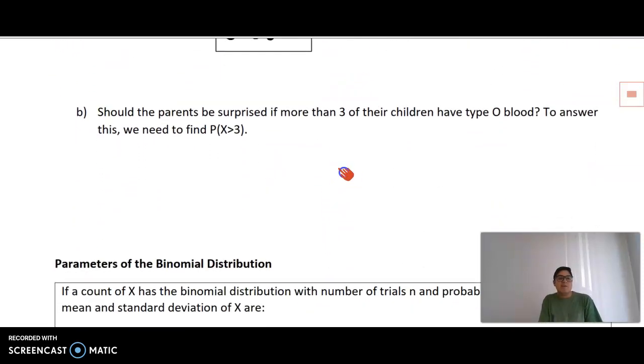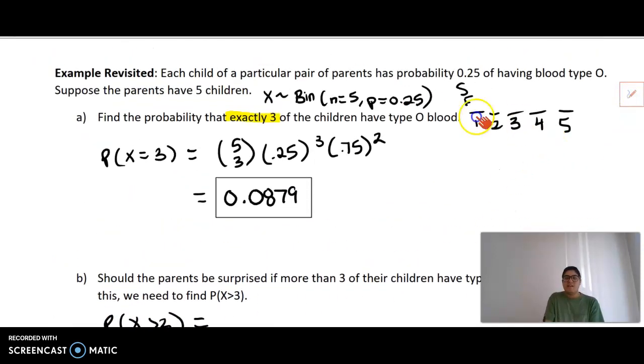And now, suppose the parents are going to be surprised if more than 3 of their children have type O. So let's find the probability that P of X is greater than 3. So if P of X is greater than 3, remember that I have 5 kids, and of those 5 kids, the ones that are greater than 3 are going to be these 2, right?